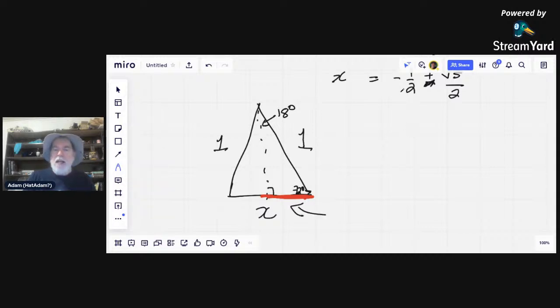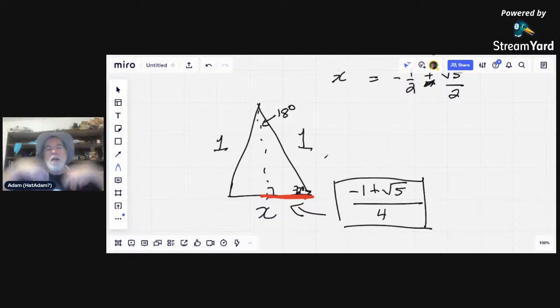So what is that? That's a half of negative a half plus square root of 5 over 4. So that's going to be negative 1 plus square root of 5 over 2, but it's a half of that, so it's going to be over 4. And have we seen that someplace? Oh my goodness, yes, we saw that way back previously.